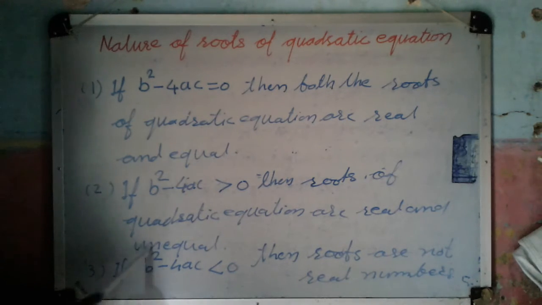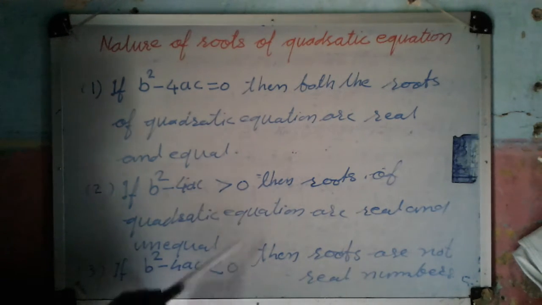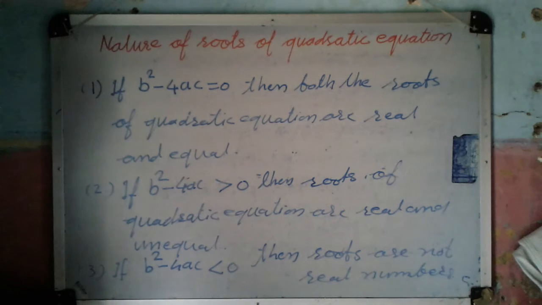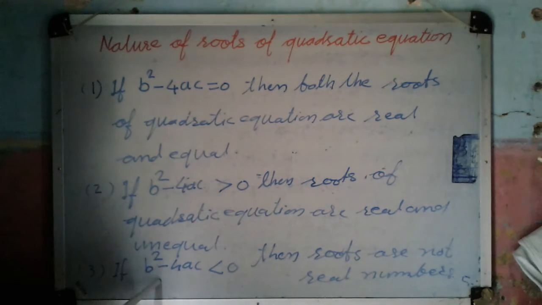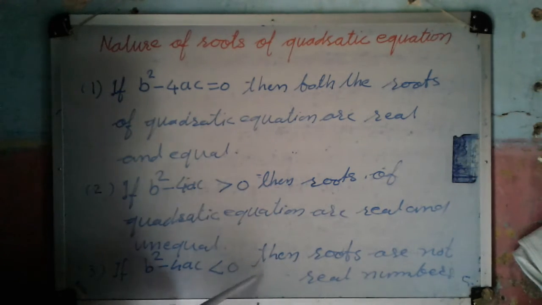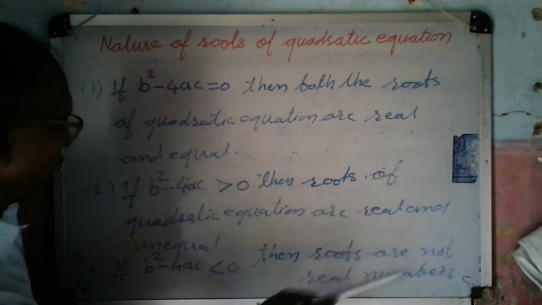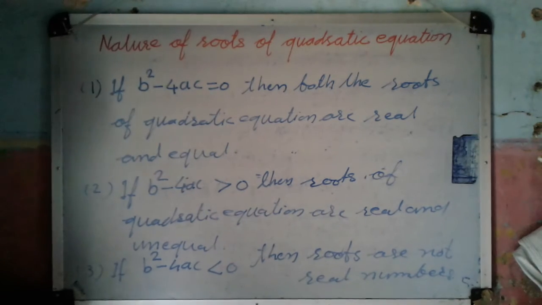And in the third case, if b square minus 4ac is less than 0, that means the value of discriminant is negative. Less than 0 means negative. If the value of b square minus 4ac is negative, then roots are not real numbers.